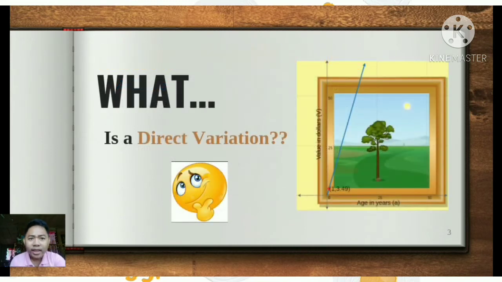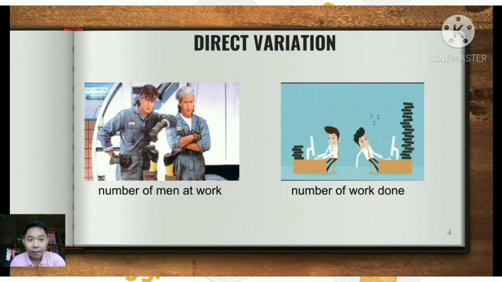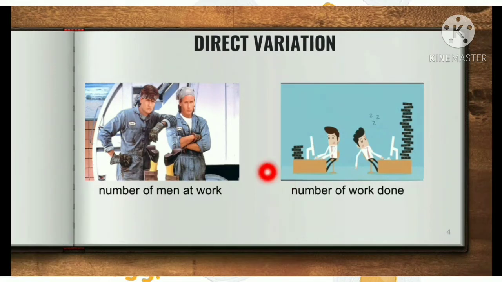Now, what is a direct variation? Do you have any idea about what this thing is? Okay, first let's have these applications of direct variation as you can see here. Now look and reflect at these two pictures where we could possibly apply direct variation. For example, in the number of men at work.